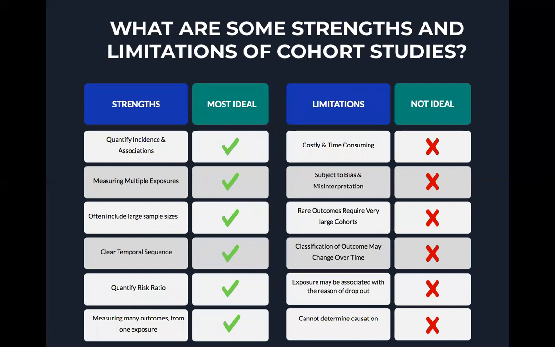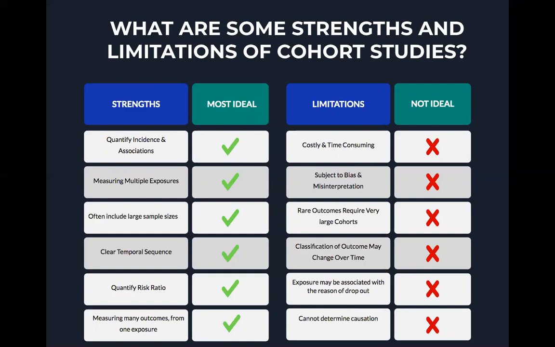Some strengths of a cohort study include: you can quantify the incidence and associations, so the incidence rate, which you can calculate. You can measure multiple exposures for a single desired outcome. Cohort studies often include large sample sizes, so you gather masses of data for it.